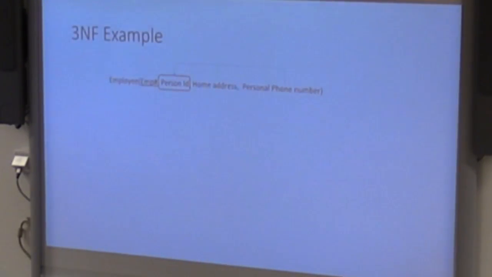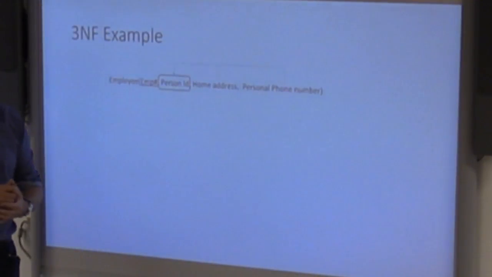The phone number and the home address are depending on the person ID, and that attribute is not a part of the key, because the second normal form just checked that you were depending on the entire key. This is among the non-key attributes you're looking at right now. So if you have this situation, you need to do something about it.